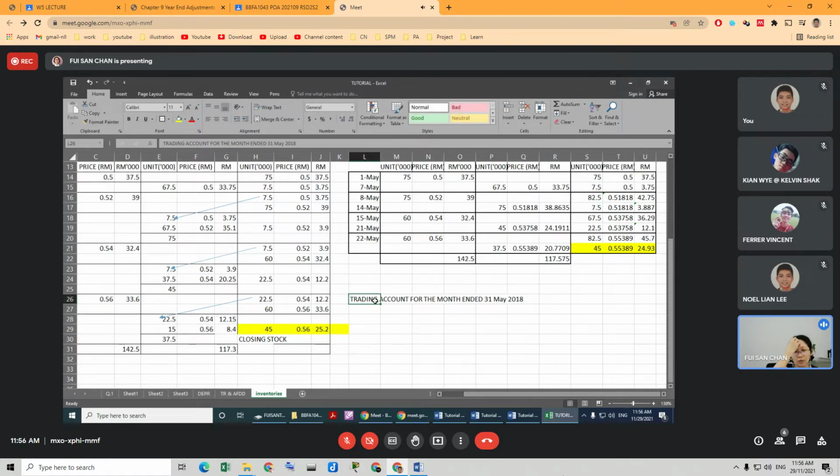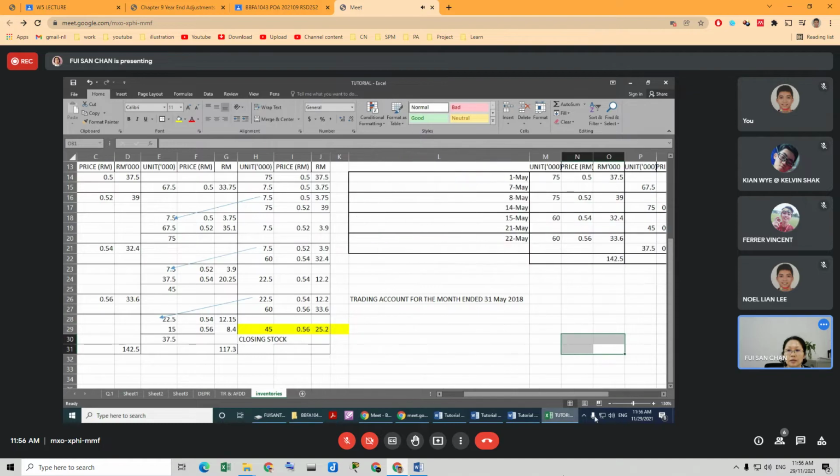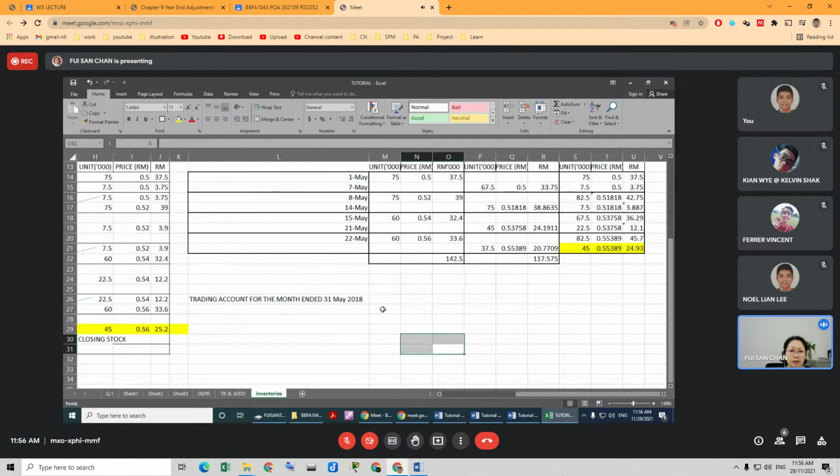Actually, no date also doesn't matter. Okay, put like this. Then we are going to put, according to this format, so it becomes like this already. So I'm going to put both methods: first in, first out, and weighted average, WAC.